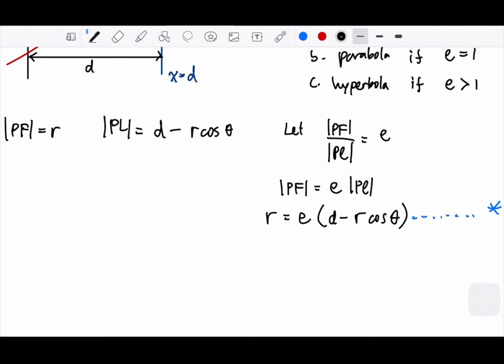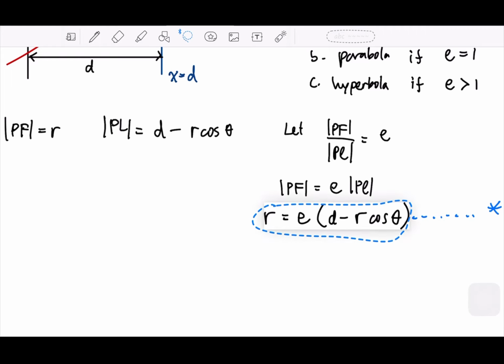But let me just take this equation and try to prove that if we use different e, it will give a different shape of conic. So first, what we are going to do is square this equation.